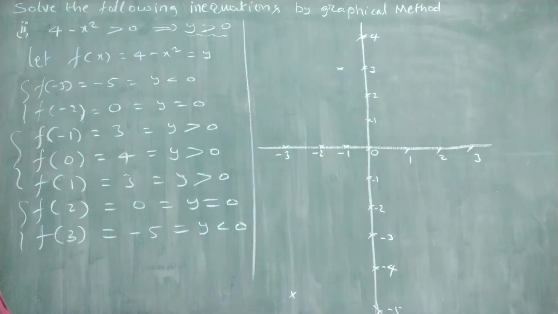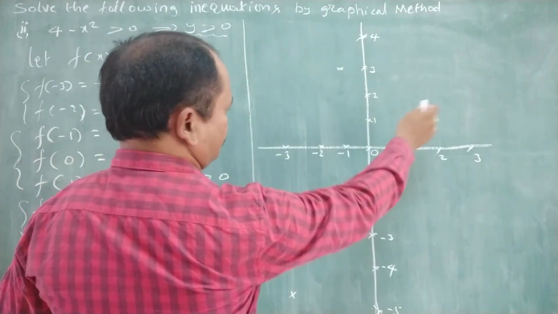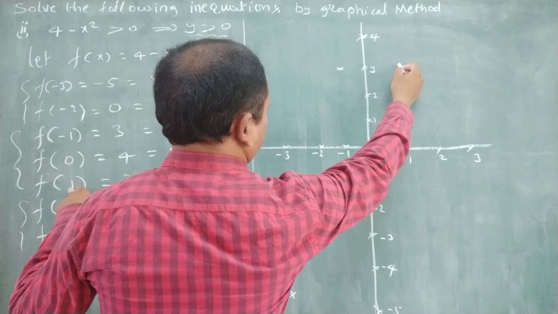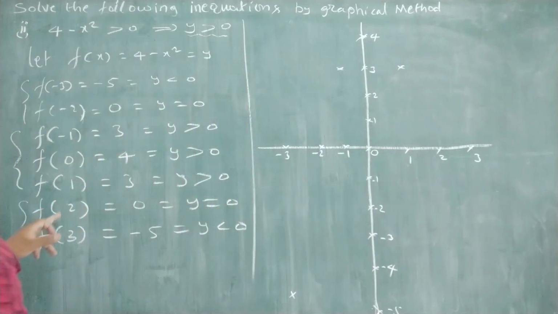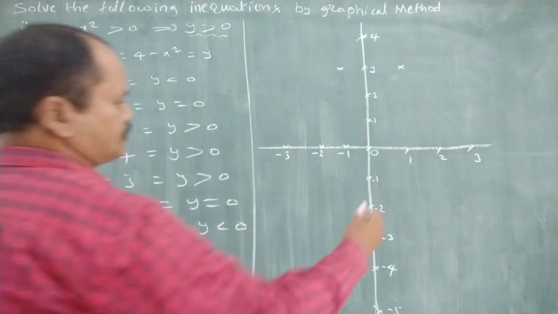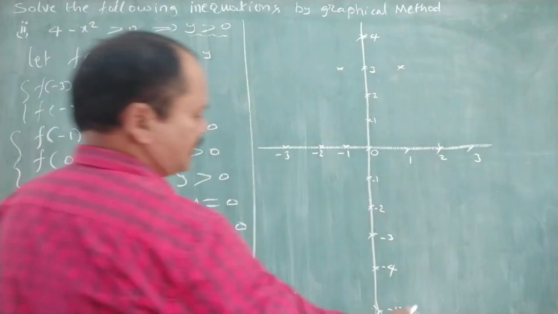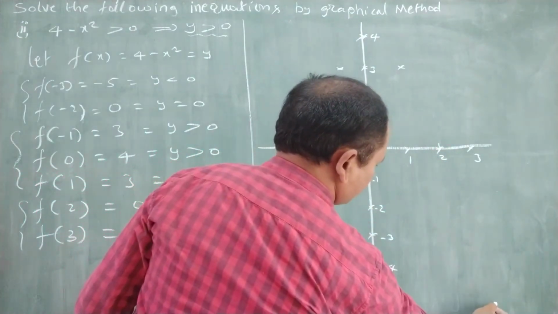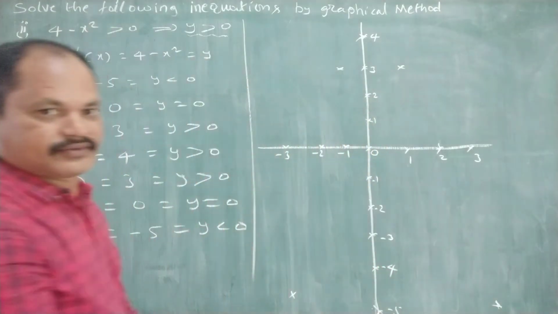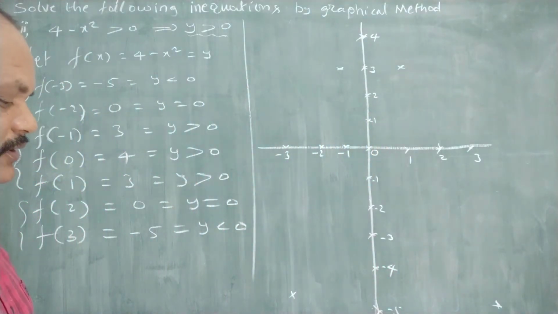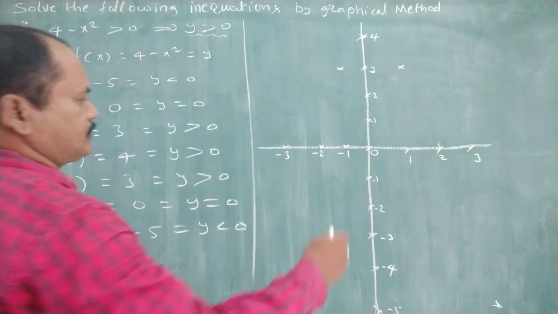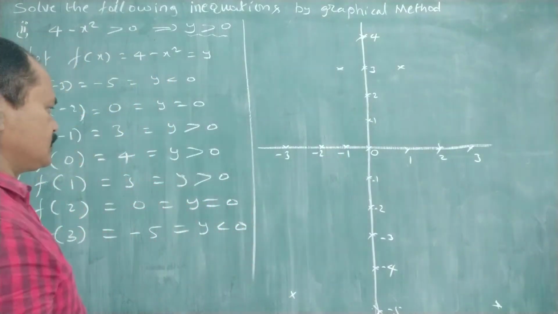F of 1 is 3, f of 2 is 0, and f of 3 is minus 5. That's all. Now we have to draw the graph for this one.